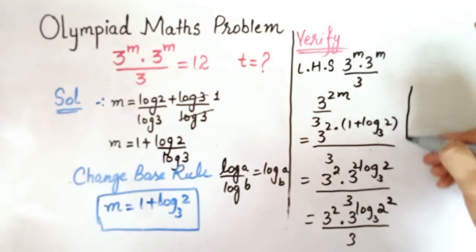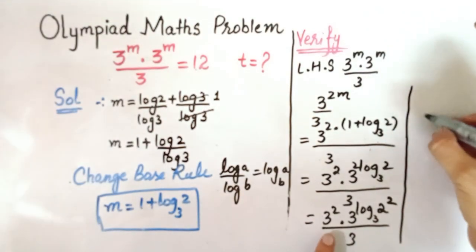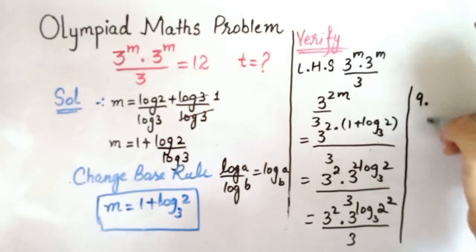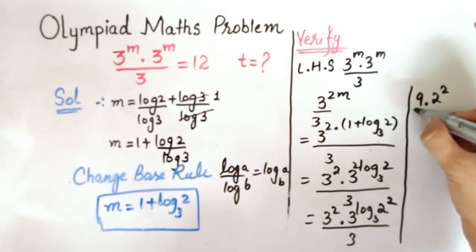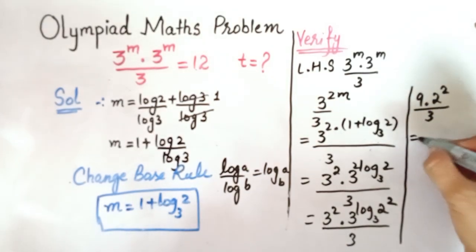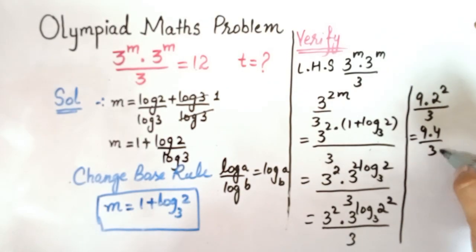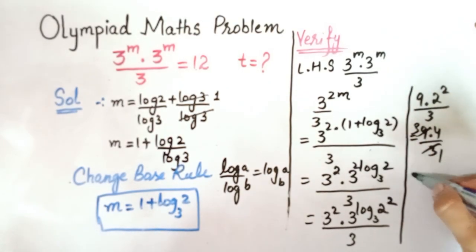So this will equal 3 square is 9 into 2 raised to power 2 divided by 3. So we get 9 into 4 divided by 3. So 3 1 time 3, 3 3 time 9. So 3 into 4 will be 12.